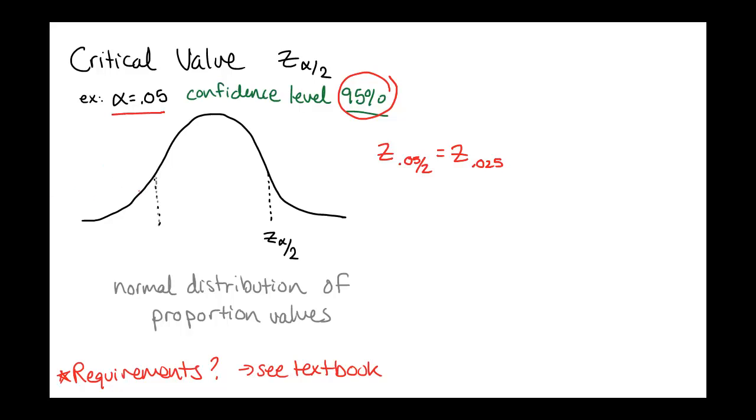So the picture you want to be thinking of with these critical values is that with a confidence level of 95%, we're looking at a normal distribution where the area in the center here is 0.95, right? 95% of the data lies in here, but then we have this critical region on the outsides. This region on the outsides represents values that we are excluding.